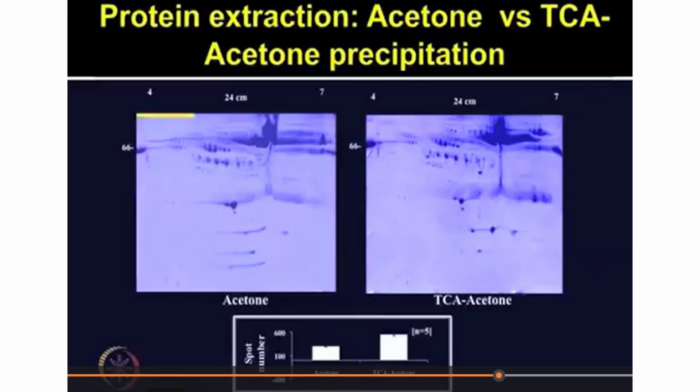According to the type of extraction, this is also talking about the effect of processing. In acetone, there is some spreading. If you use TCA acetone, a bit of separation was achieved, but still it is not that accurate, although the number of spots observed in TCA acetone is greater compared to just acetone.